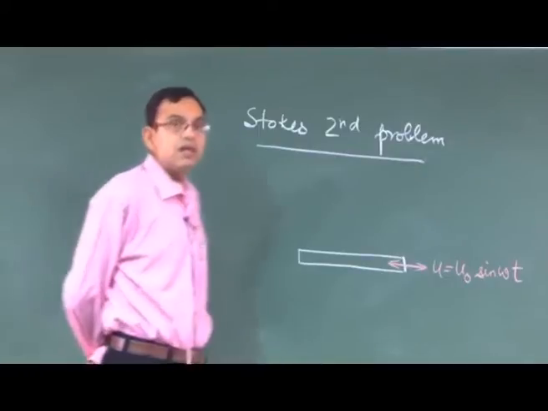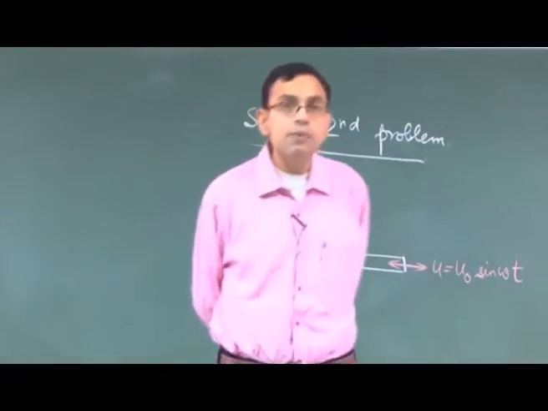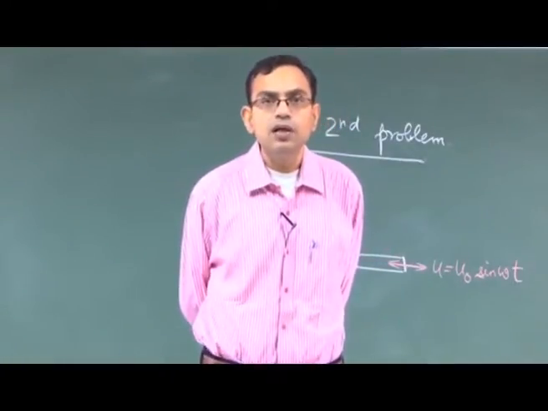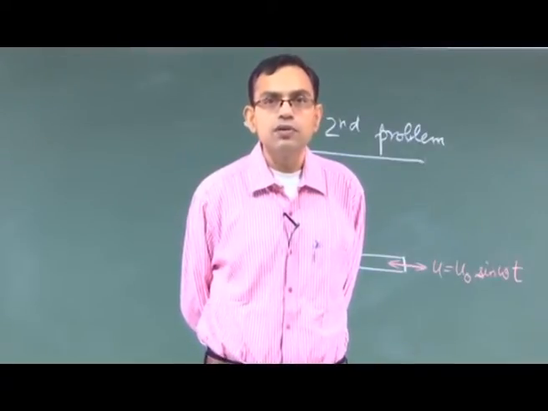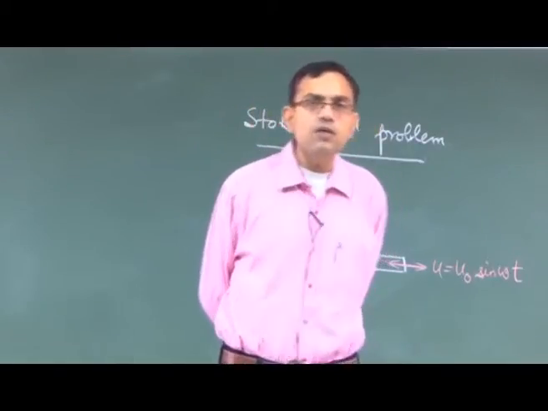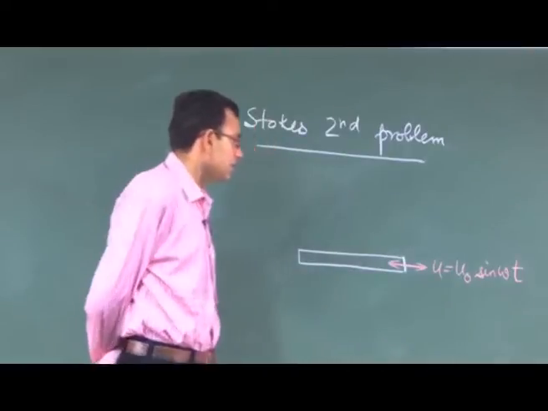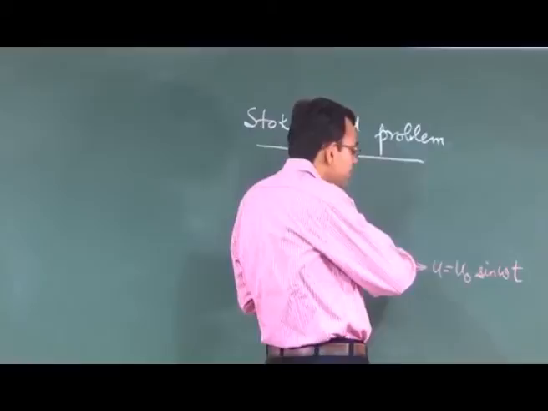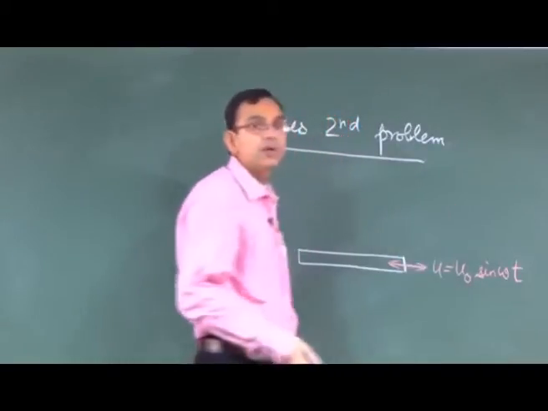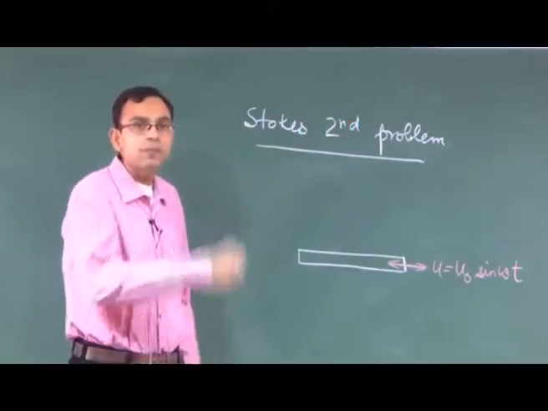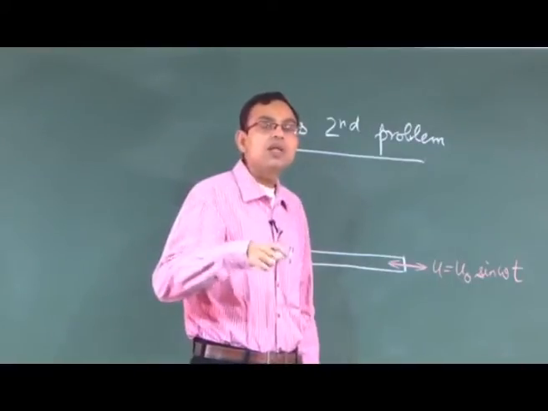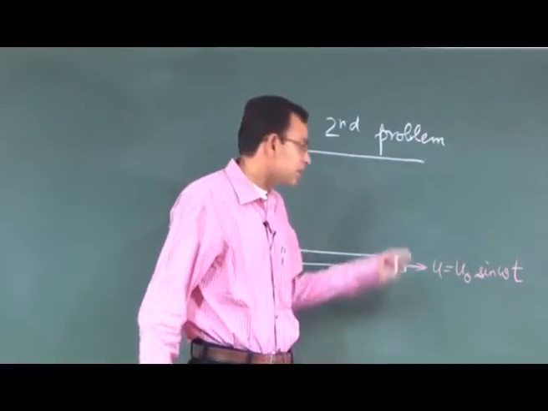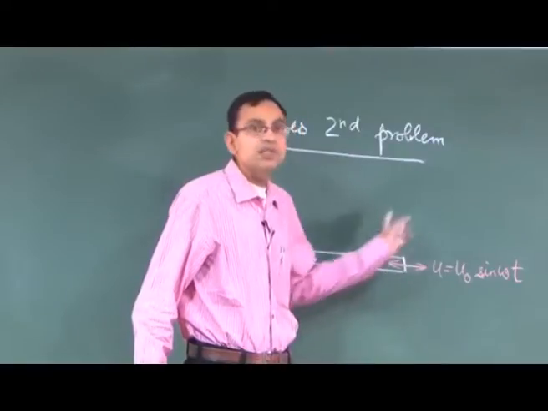Now, can you tell what is the big difference between this problem and the Stokes first problem? From the statement of the problem it is very clear that the oscillation frequency of this plate imposes a time scale on the problem. So, this is no more a problem without an imposed time scale; it is a problem with an imposed time scale.